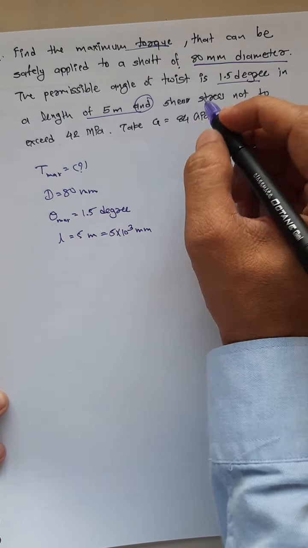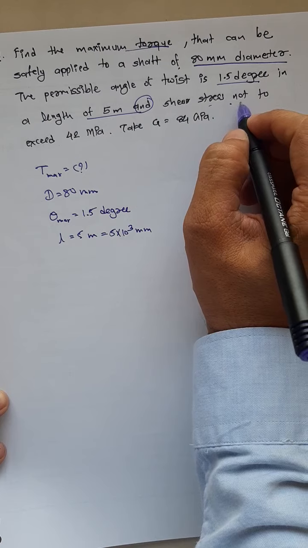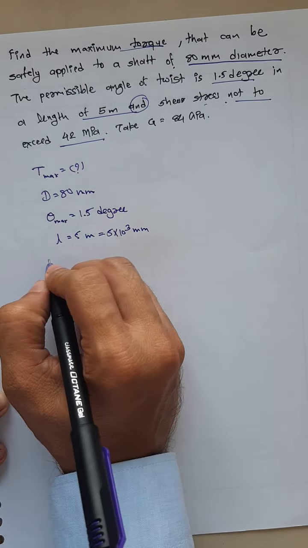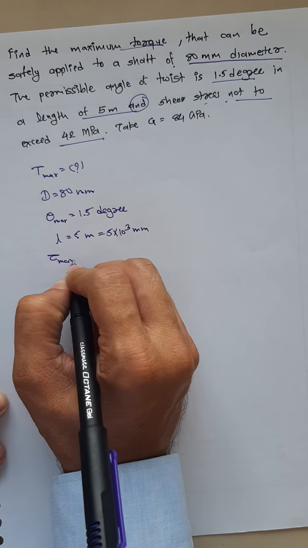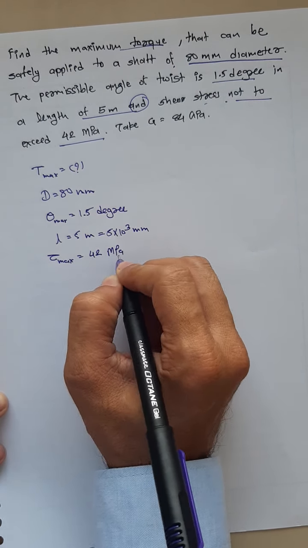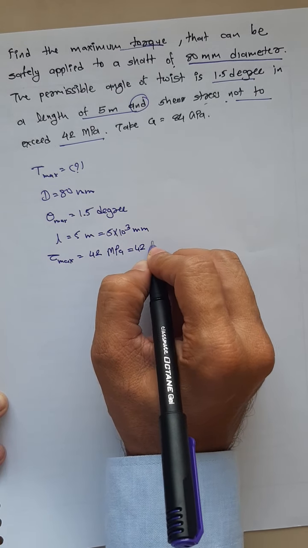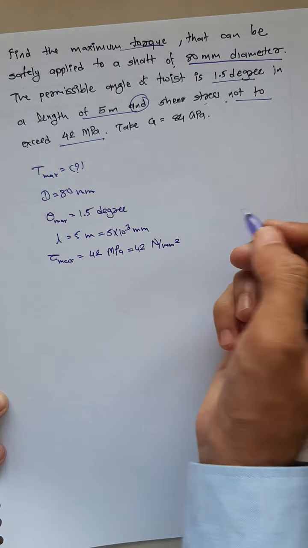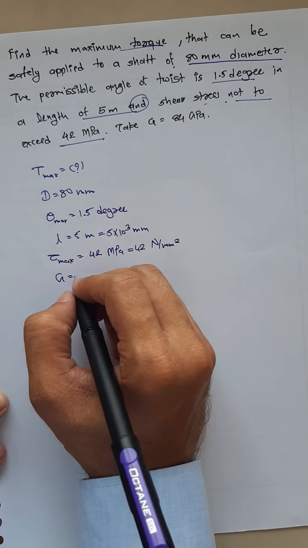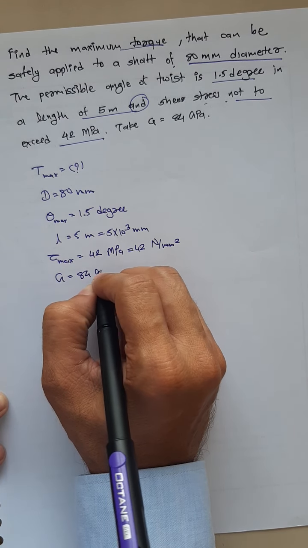And shear stress not to exceed 42 megapascal. Here shear stress is also given, not to exceed 42 megapascal. So you can say 42 Newton per mm square. And modulus of rigidity is given 84 gigapascal.